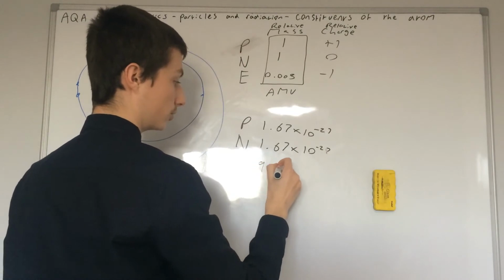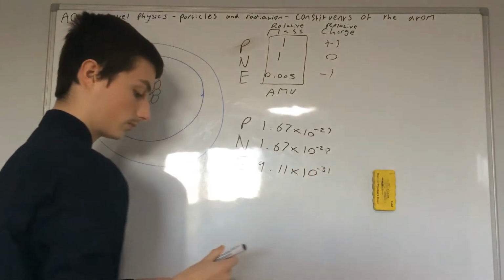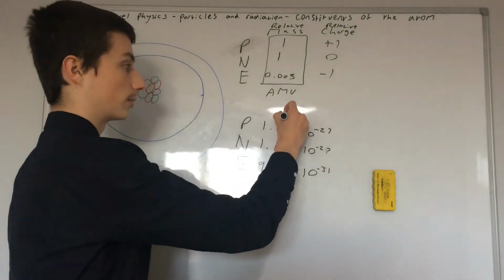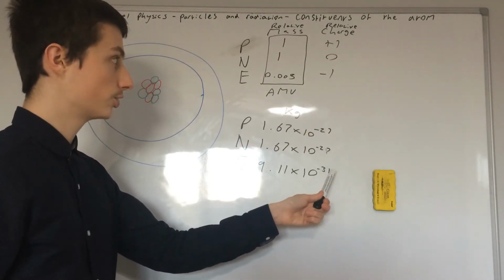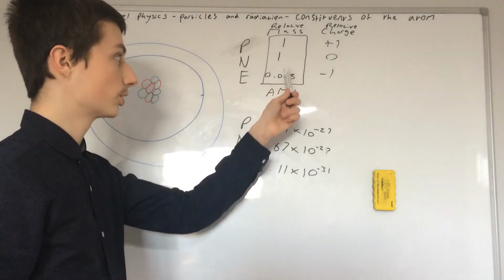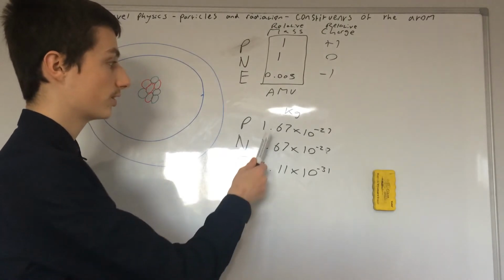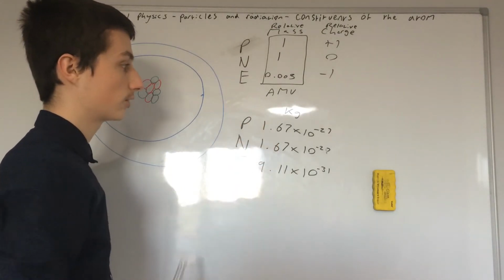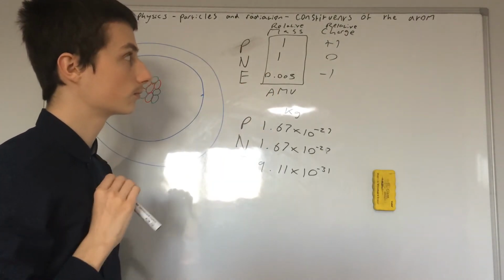And electrons are 9.11 times 10 to the minus 31. This is all in kilograms. And we can notice that this is 4 orders of magnitude down, about 2000, hence the 1 divided by 2000 mass of the electron. This here is the value of 1 atomic mass unit, hence the approximate 1 and 0.0005.